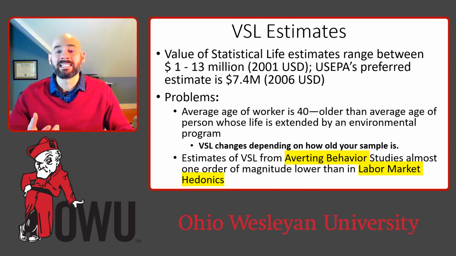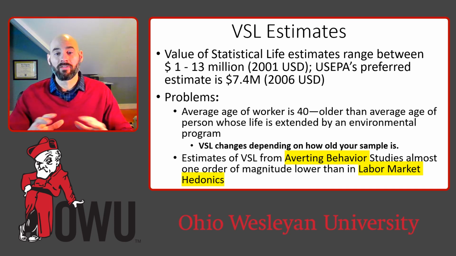And the US Environmental Protection Agency prefers to use an estimate that is around $7.4 million in 2006 US dollars. So once again, north of $8 million now. And this means that for every life saved as a part of environmental regulation, we can add $8 million to the benefit of that particular policy.